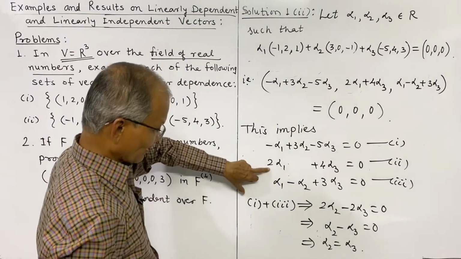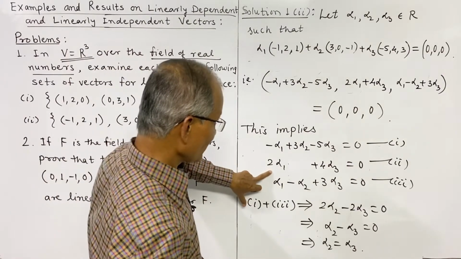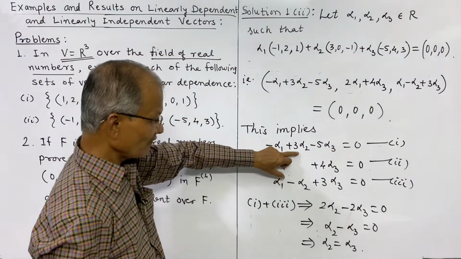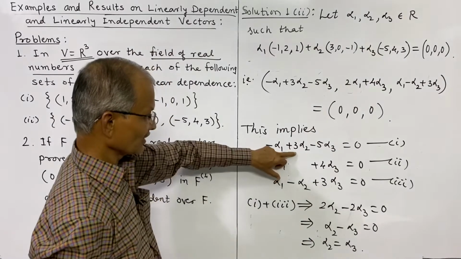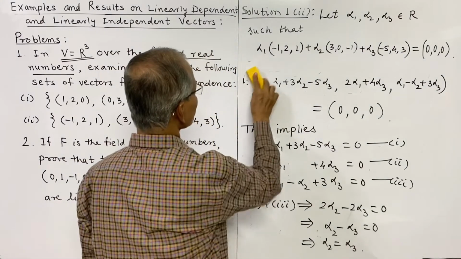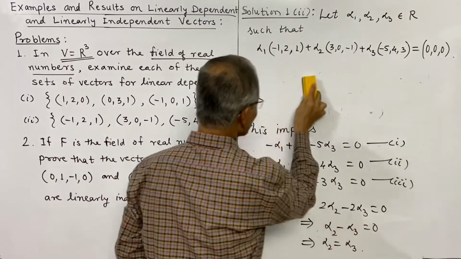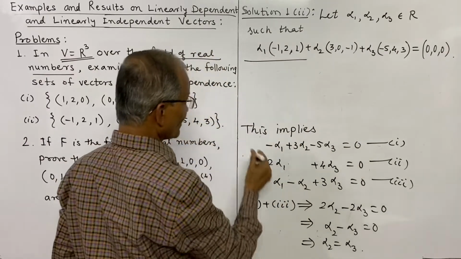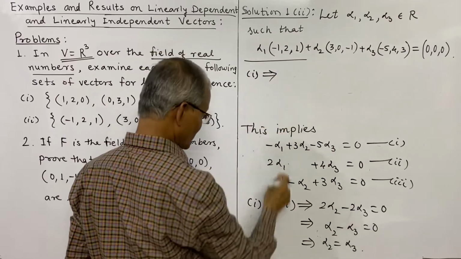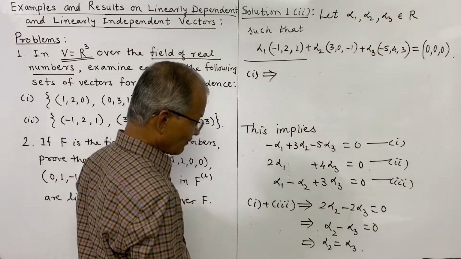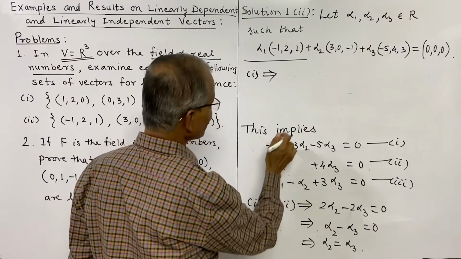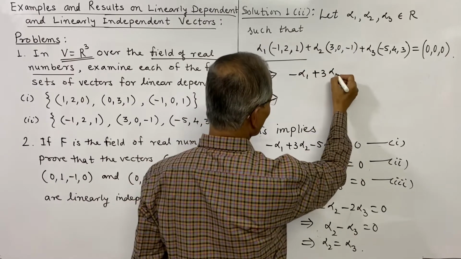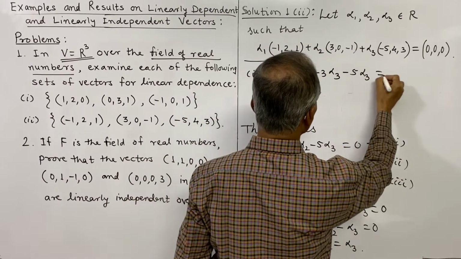So this value we can put in the first equation. Putting alpha 2 as alpha 3, this becomes alpha 3 minus alpha 1 plus 3 alpha 3 minus 5 alpha 3 is equal to 0.